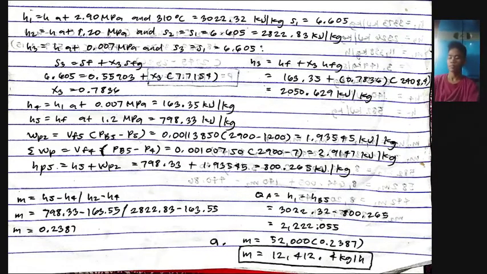other data. Next, M equals H sub 5 minus H sub 4 over H sub 2 minus H sub 4.